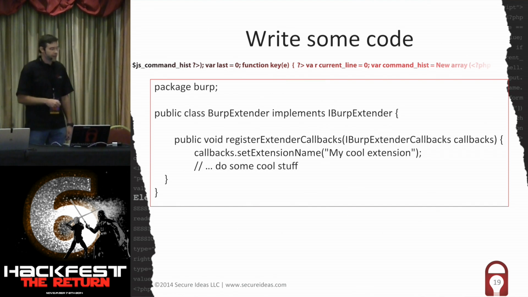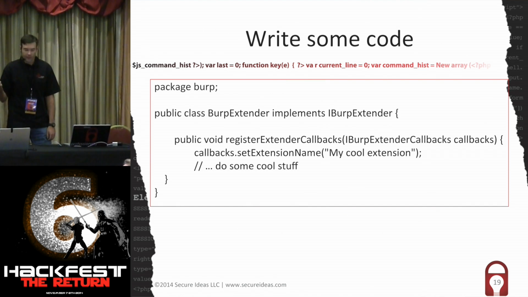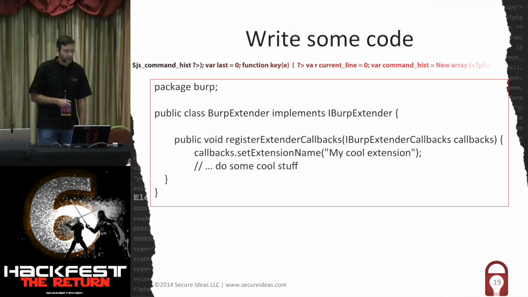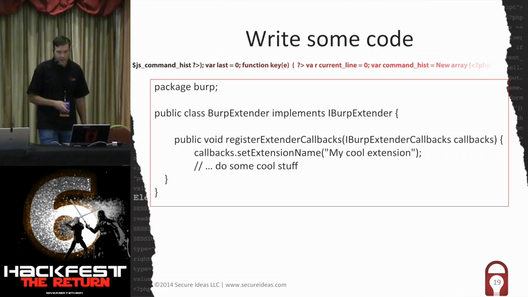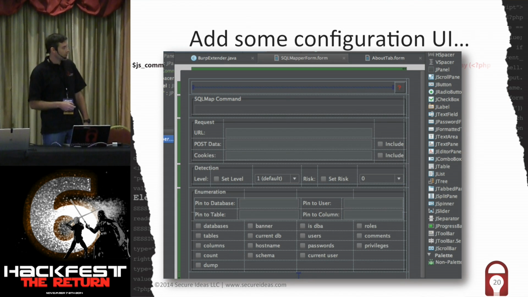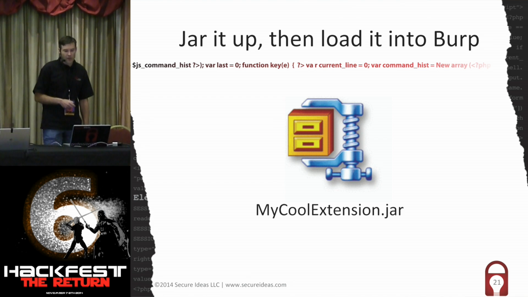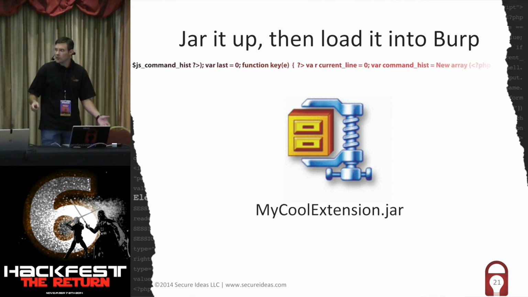So basically, all you need to do is take your Burp API itself, which is in a package of burp. You're going to write yourself a Burp extender, write your code inside of there, build your cool configuration screen, and jar this all up. So you just put it into a jar, and then you can load it directly into the Extender tab inside of Burp.